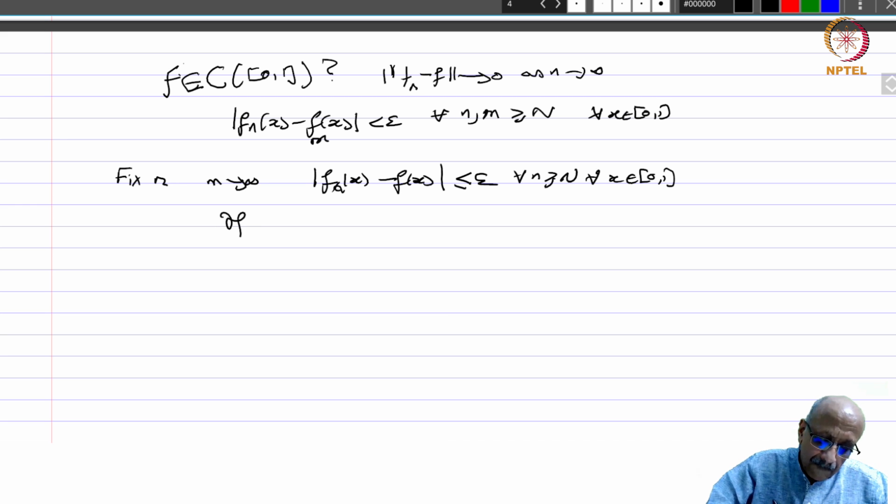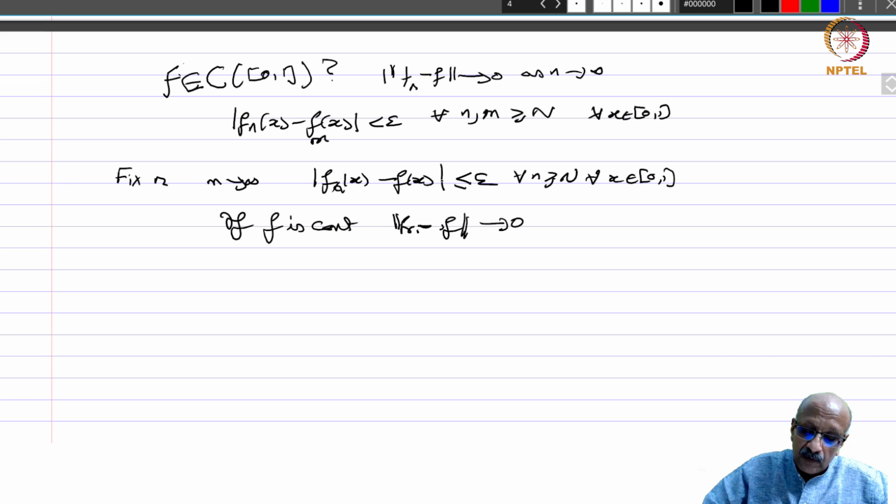So if we prove that f is continuous, then the norm of f_n minus f goes to 0 by what we have just said, and therefore we would be in the situation of a Banach space. Now we already know from real analysis, I will do it again, that if you have the uniform limit of continuous functions, then it has to be continuous.